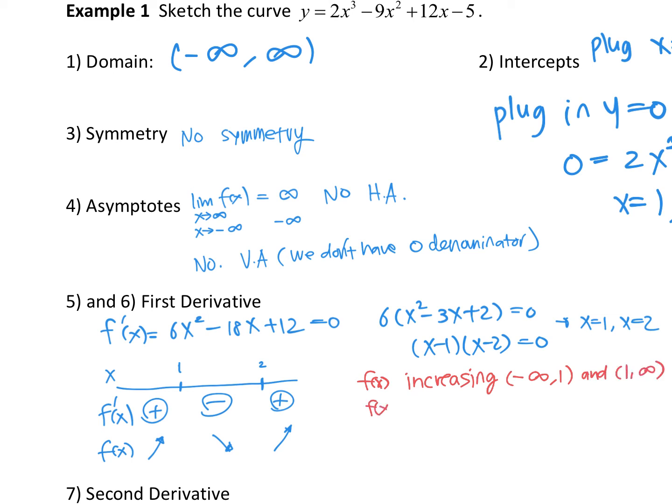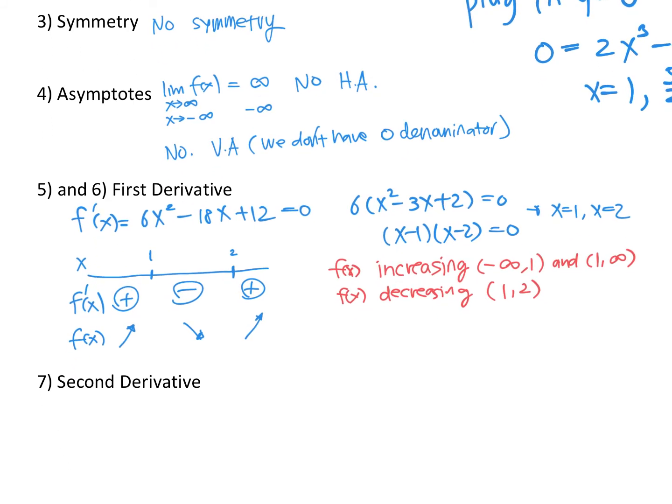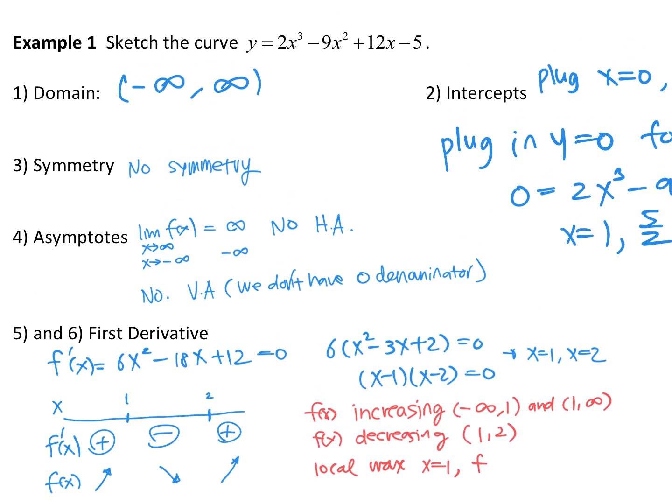F of x is decreasing from 1 to 2. And then the local max and local min. The local max is when x is equal to 1. So when you plug x equals 1 into the original equation, that's 2 minus 9 plus 12 minus 5, that's 0.